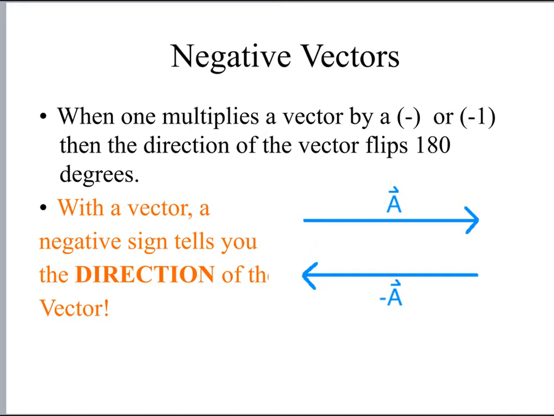Changes it how? Just a 180 degree flip. And this brings up a really, really important point because I emphasized very strongly earlier that when you talk about the magnitude of a vector, you're talking about a positive number. Magnitudes are always positive. So what do the minus signs do? They tell you directions. So this minus sign here tells me the direction is flipped.